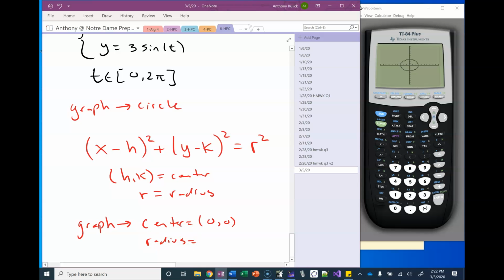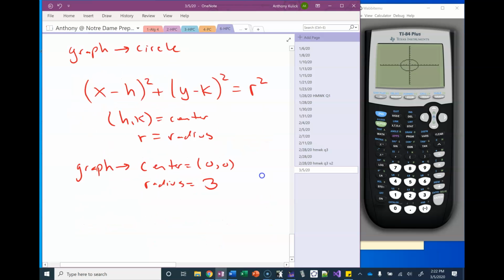What's the radius for this circle? No. Look at the tick marks. One, 2, 3. If you did it on your own calculator, you would have been able to see that. Okay?